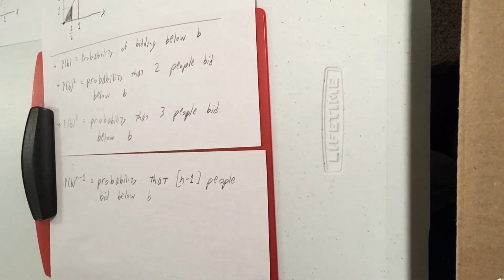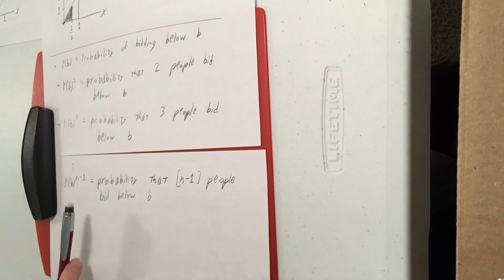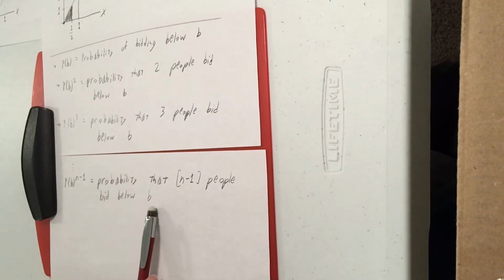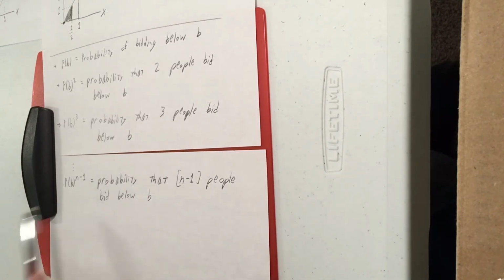So what's so special about n minus 1? There are n people at this auction. You're one of them. So if you bid B and everybody else, all n minus 1 of them, bids less than B, what happens? Well, you have the highest bid in that case. This is the probability that you win.